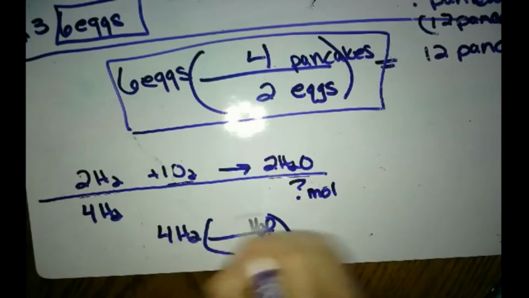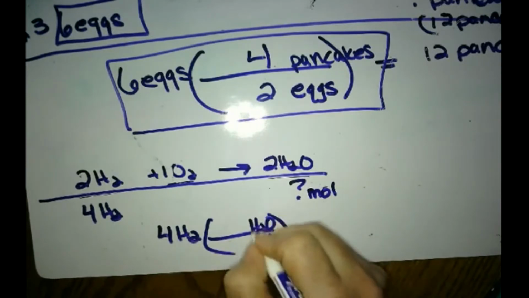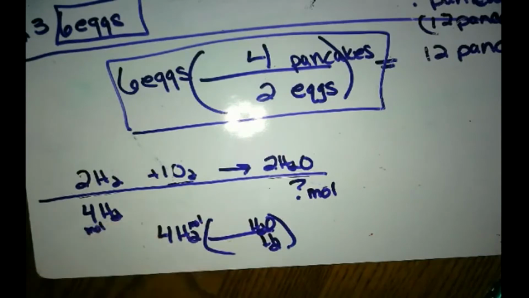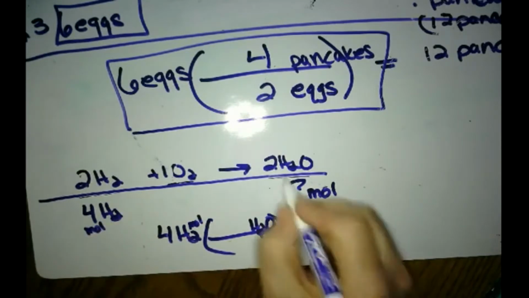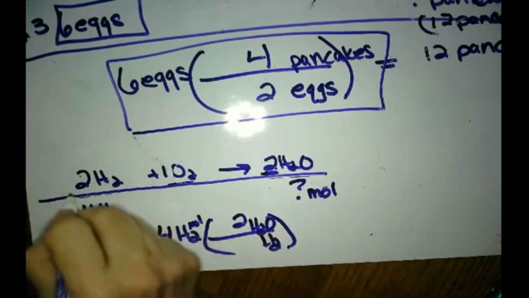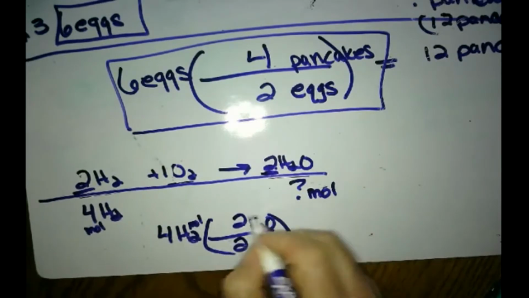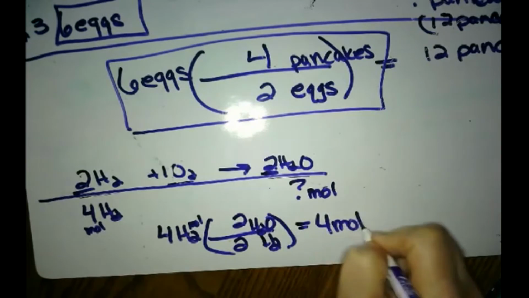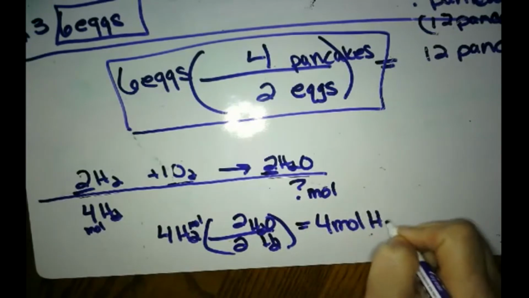And I could put moles all over here, but these 2 moles and my mole ratio cancel out. So I never write them in a mole ratio. And I'm left with 4 moles of hydrogen. Okay, and what's our ratio? It's a 2 to 2. That just equals 1, right? So that equals 4 moles of water.